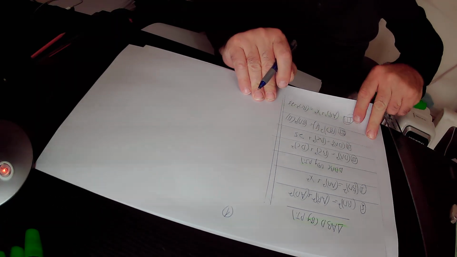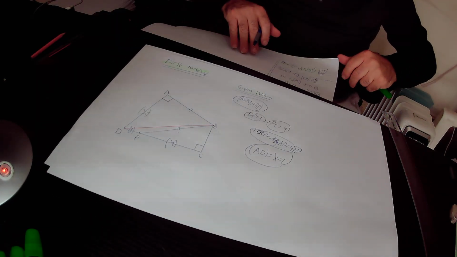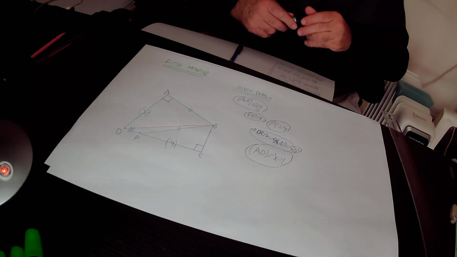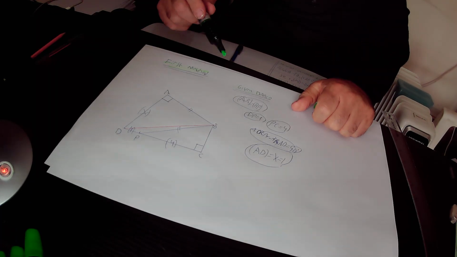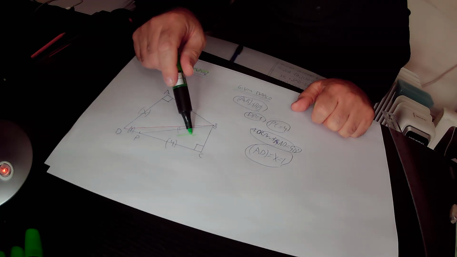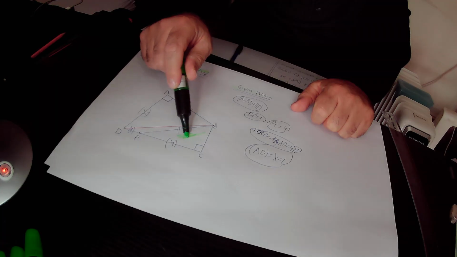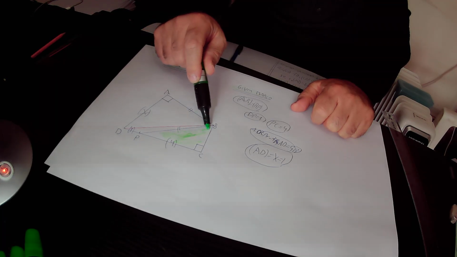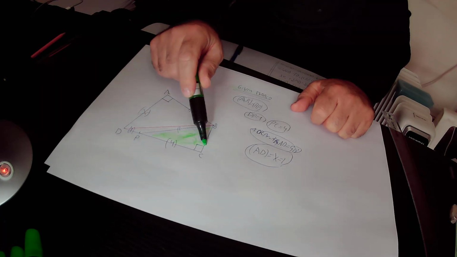In the next step, we will implement the Pythagoras theorem on this right triangle BPC, this green right triangle BPC or PBC.